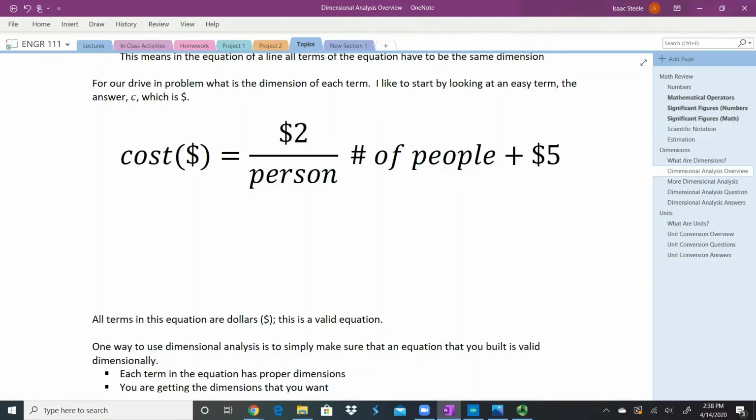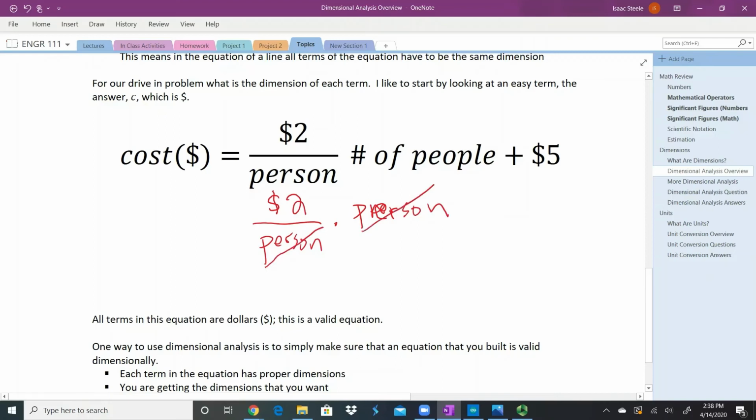And so what we have here is $2 per person. And if I multiply that by a person, or number of people, my people or my persons cancel out, which leaves me just with the cost.